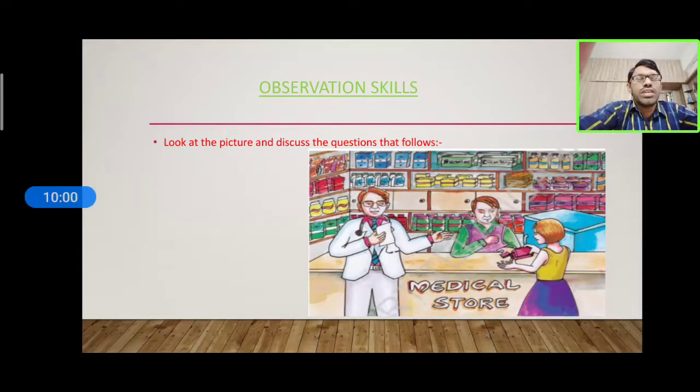In every medical store, if you go and see, all the medicines are arranged in sequence, and in each box one type of medicine will be available. Is it right, children? I think you are getting my point.